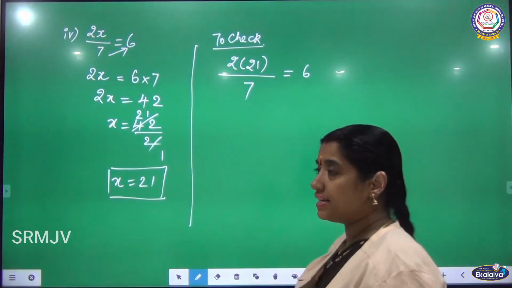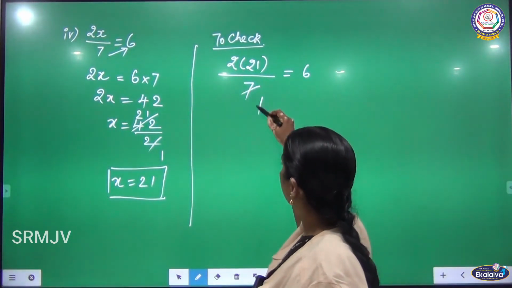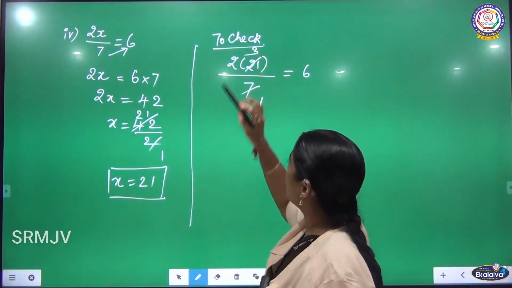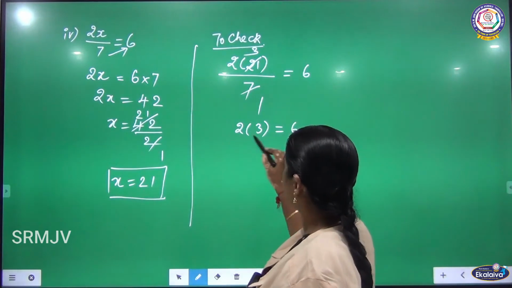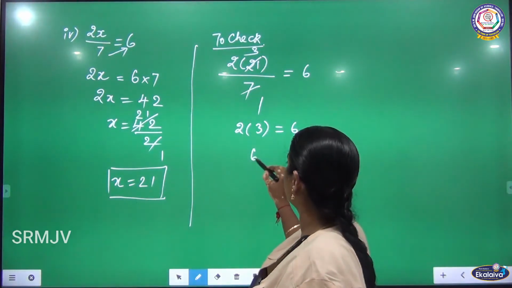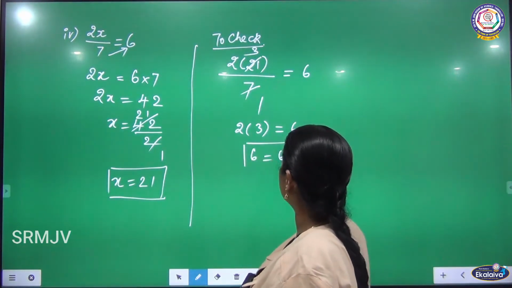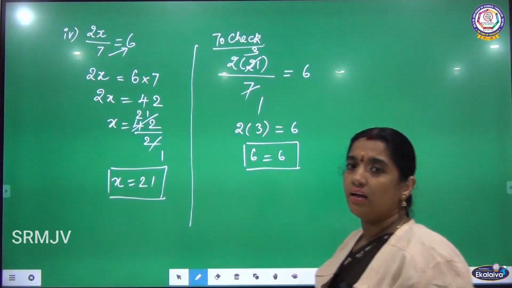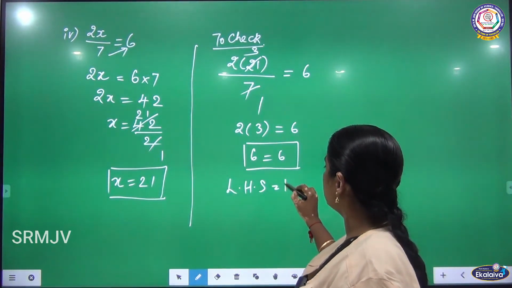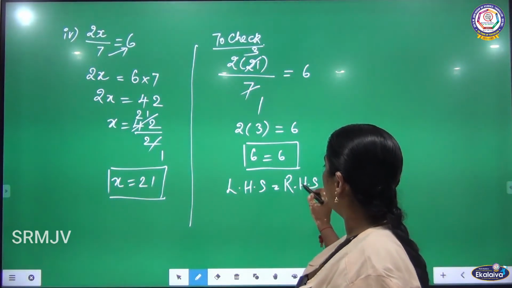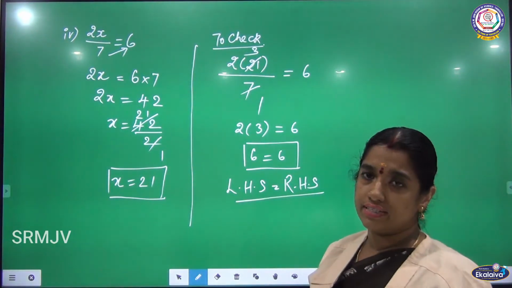6. Listen, I can cancel this. 7 ones are 7, 7 threes are 21. So what is there? 2 into 3 is equal to 6. 2 threes are 6. So 6 is equal to 6. Now listen, my LHS is equal to RHS. Got it? LHS is equal to RHS.